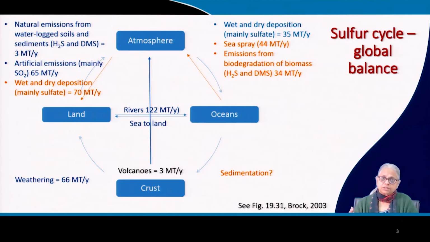Now the ocean spray, again that smelly stench of sulfur, that's the sea spray. That sea spray contains sulfur and sends it back into the atmosphere. So you have emissions from biological decay, mainly hydrogen sulfide, dimethyl sulfide, all of that. Whatever is happening on land is also happening in the oceans, and that is the complete cycle.